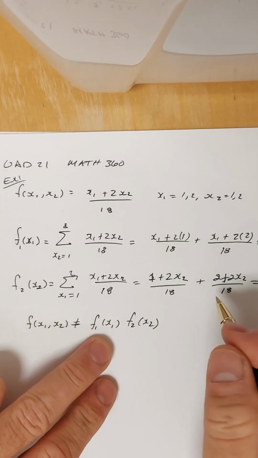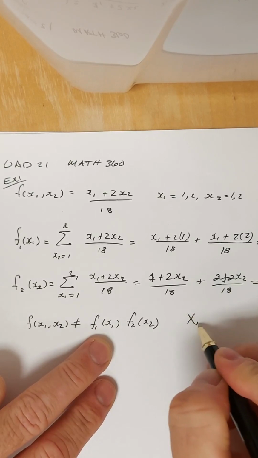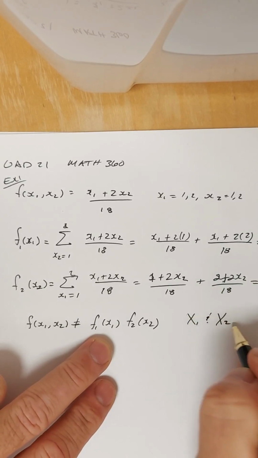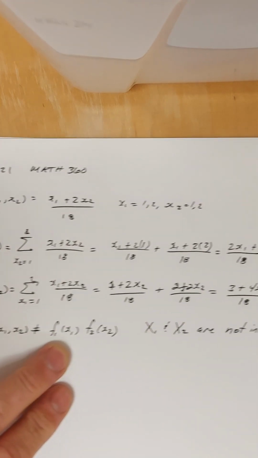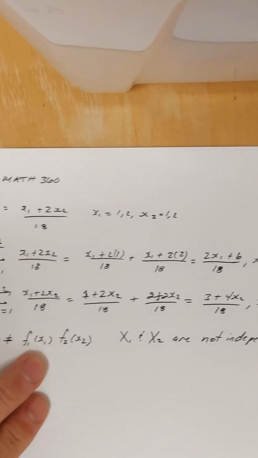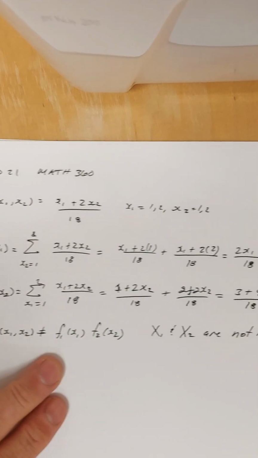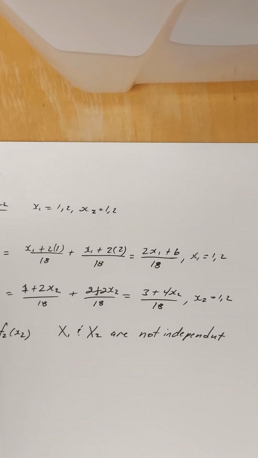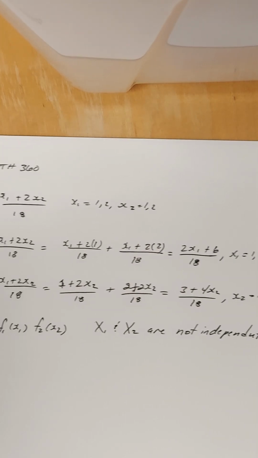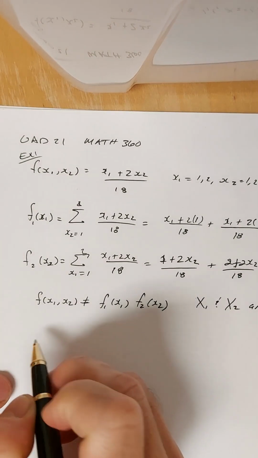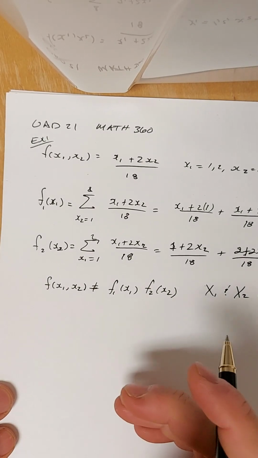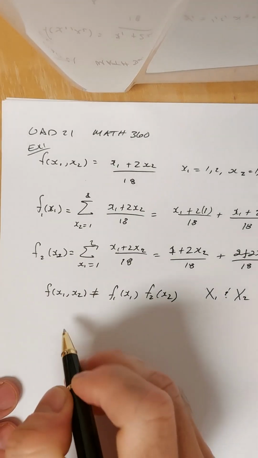This product is not the same, so what that means is x1 and x2 are not independent, aka they're dependent. Let's see, what else can we find? Let's find the mean and the variance for each of these.